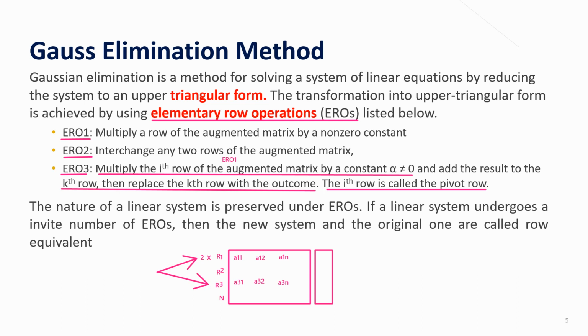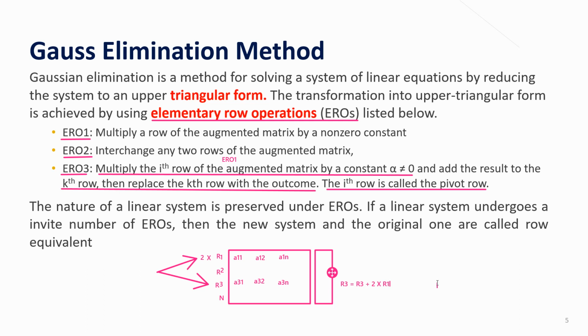Later on you replace the R3 value, so R3 will be equal to the previous R3 plus 2 multiplied by R1. This is what we have in ERO3.